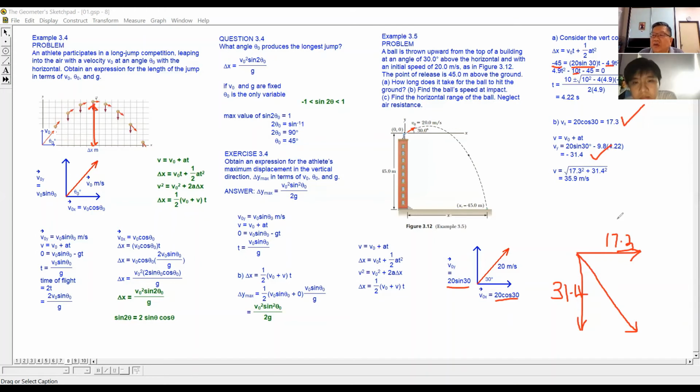So merge them together: 17.3 squared plus 31.4 squared, and your final answer is 35.9. So you use Pythagoras theorem to merge back the two components into the actual velocity, or the actual speed, of the ball.